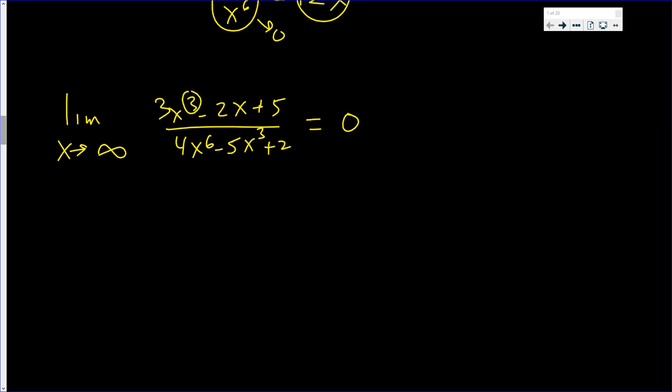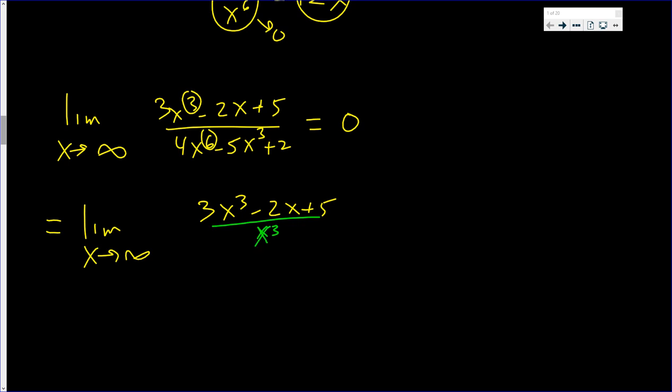Again, those are the leading powers. The smaller of the two is x cubed. So this is equal to the limit as x goes to infinity of 3x cubed minus 2x plus 5 over x cubed, divided by 4x to the 6 minus 5x cubed plus 2 all over x cubed.